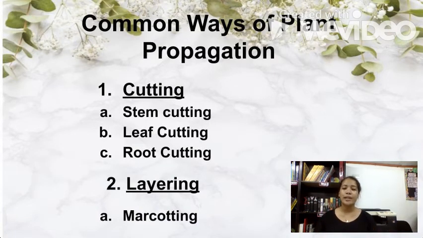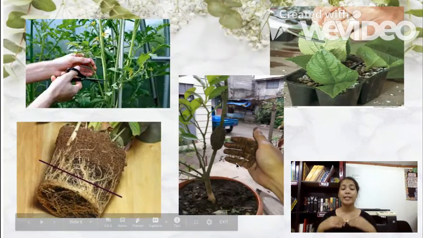Under layering, class, there is marcotting. What is layering? Layering is done without the need of cutting, of course, opposite to cutting. Under layering, we have marcotting. This is good to apply for tropical ornamental plants.